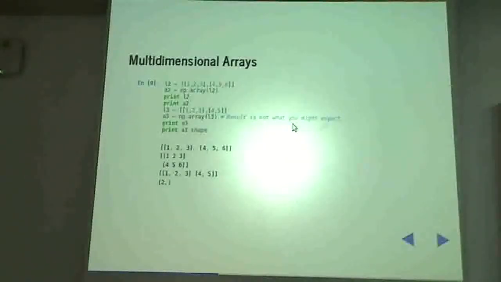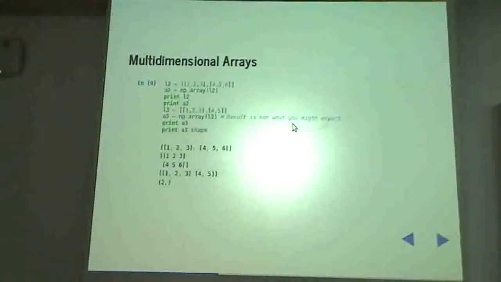Of course, one-dimensional arrays are not the only thing you can do. You can do multi-dimensional arrays, and you are not limited in the number of dimensions you can have. You are limited only by the RAM of your computer, because obviously you can't allocate an array that is larger than the memory that you have available. Okay, so for example, this L2, I gave it 2 lists, 1, 2, 3 and 4, 5, 6, which themselves were the 2 elements of a list.